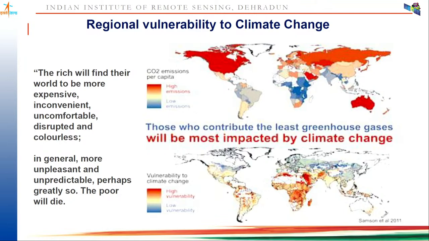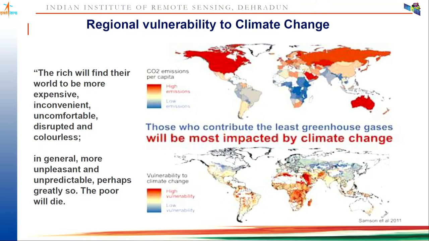As I discussed, developed countries like China, Russia, US, Europe are polluting more, meaning their contribution to greenhouse gas emission is more. But they will not be affected more due to climate change.